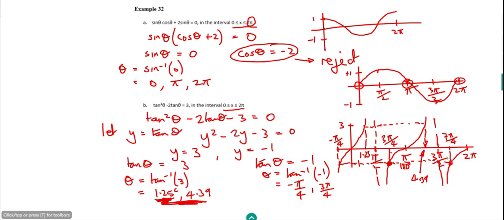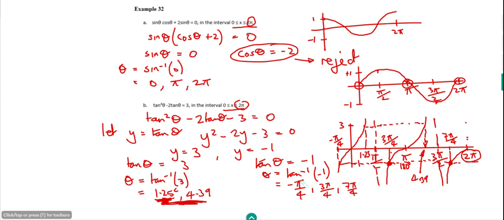And that's my other solution there, 7 pi by 4. And we can see that if we continued, we'd go outside of the required range, beyond this 2 pi here, which is the upper value of our range. So we're not interested in going any further.